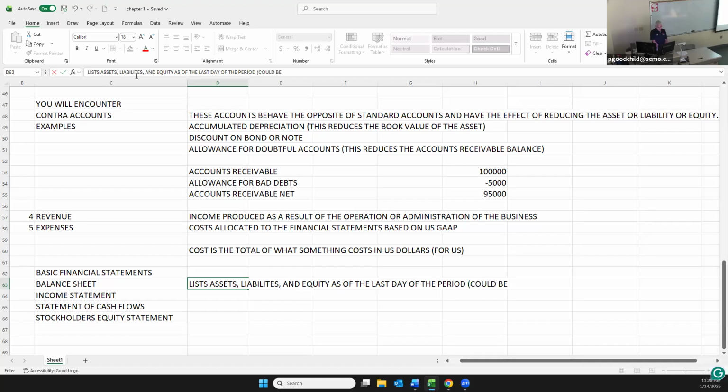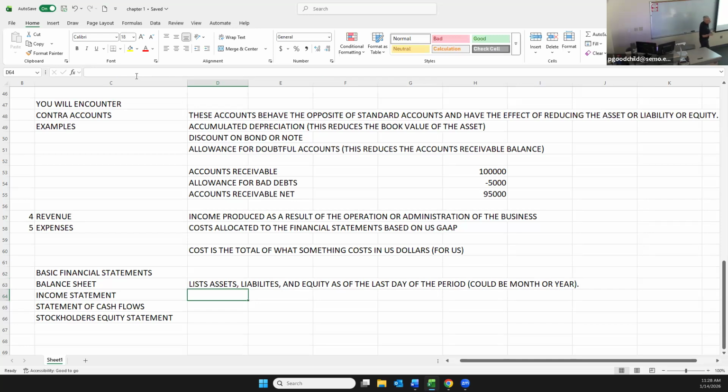Could be month or year. So for example, if you're preparing monthly reports, you can have the month end be February 28th. You're doing yearly, the year end can be anything. Most companies run on a standard year, but some companies run on an off calendar year or a fiscal year.